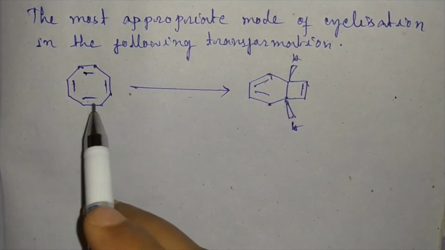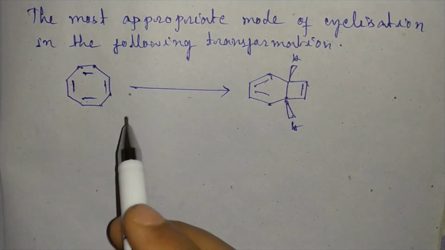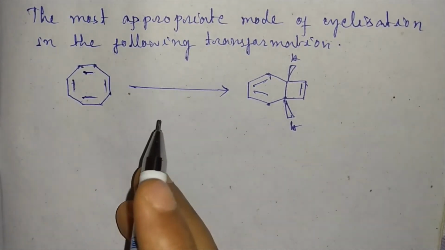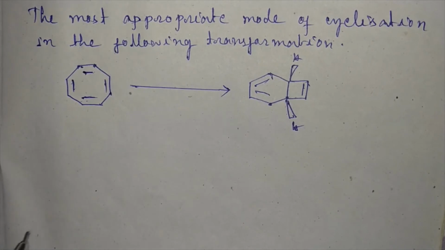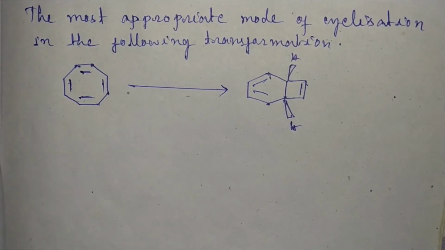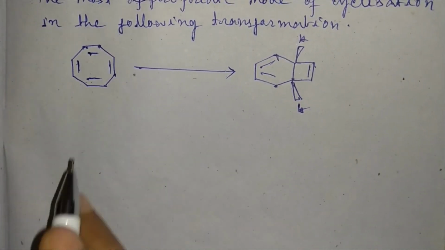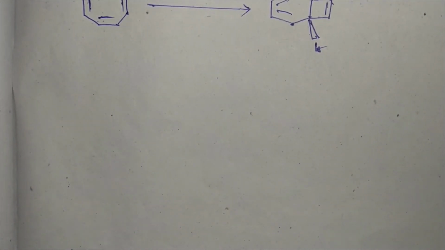So it is a triene system. First we have to construct the molecular orbitals for the triene system, same as we did for the diene system. So here there will be 6 molecular orbitals. We will construct them.